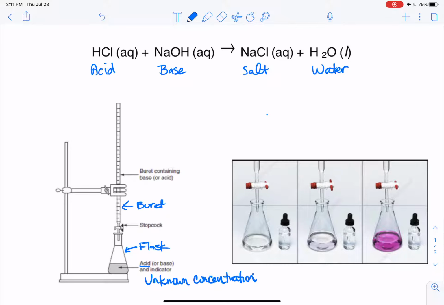And the burette will have a clamp to make sure it stays upright, and it'll be standing on a burette stand. And what we're going to do is fill the burette, usually in chemistry class with a base, but whatever you're filling it with, it has to have a known concentration.